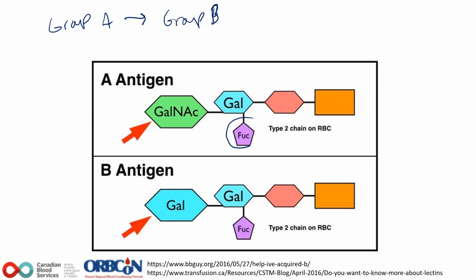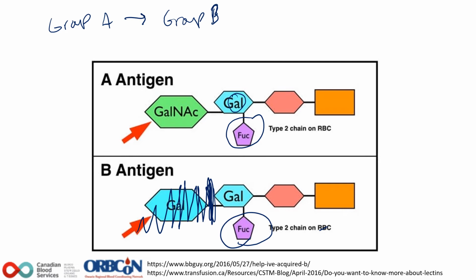The fucose that's here denotes group O, or the H antigen, and the sequential addition of a sugar on the galactose here is what makes it group A or B. Remember, sugars are added sequentially. So if you were a group O individual, you wouldn't have any of this. You'd only have the fucose attached to the galactose.